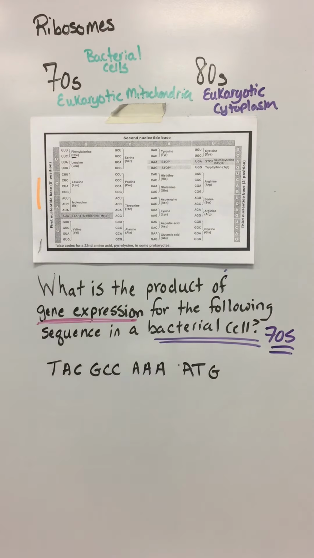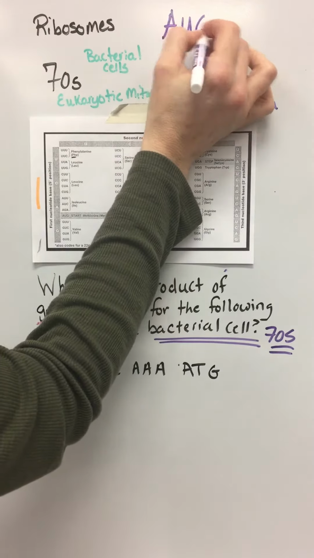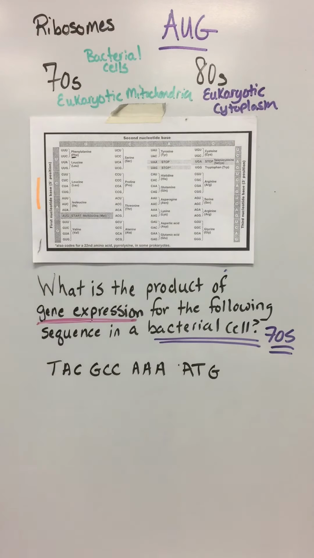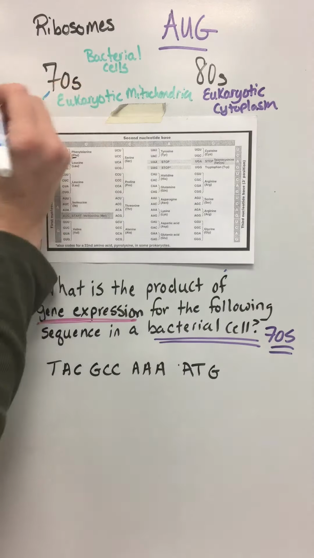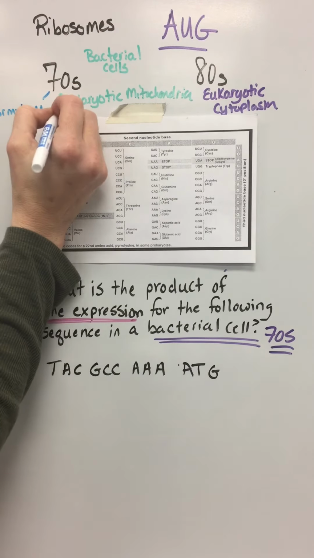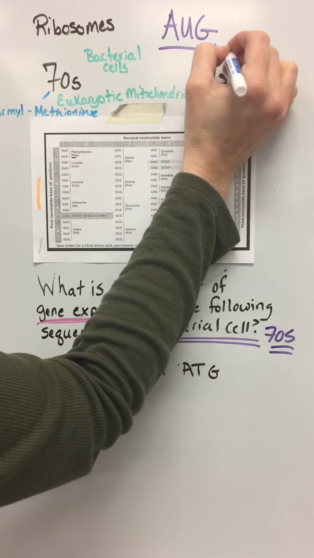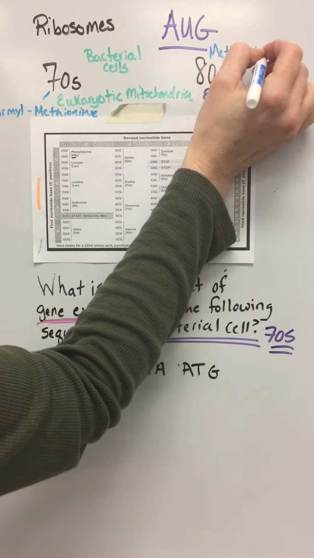Now, the reason why this is important is as we do this protein production, you're going to find that when we get to what is referred to as a start codon, it's called AUG, these two different ribosomes interpret that information differently. 70S ribosomes, when they reach a start codon, will put into place an amino acid known as formyl methionine. 80S, on the other hand, will put into place an amino acid called methionine.